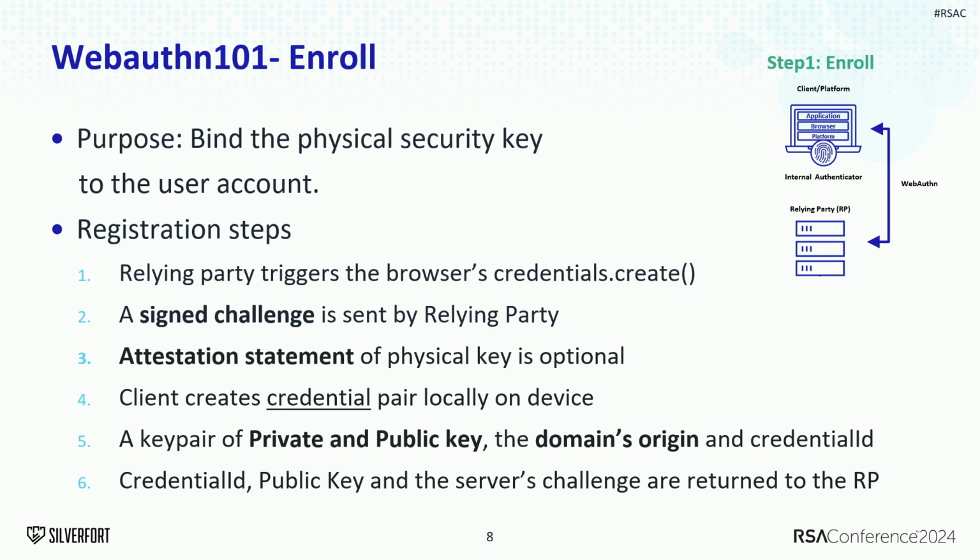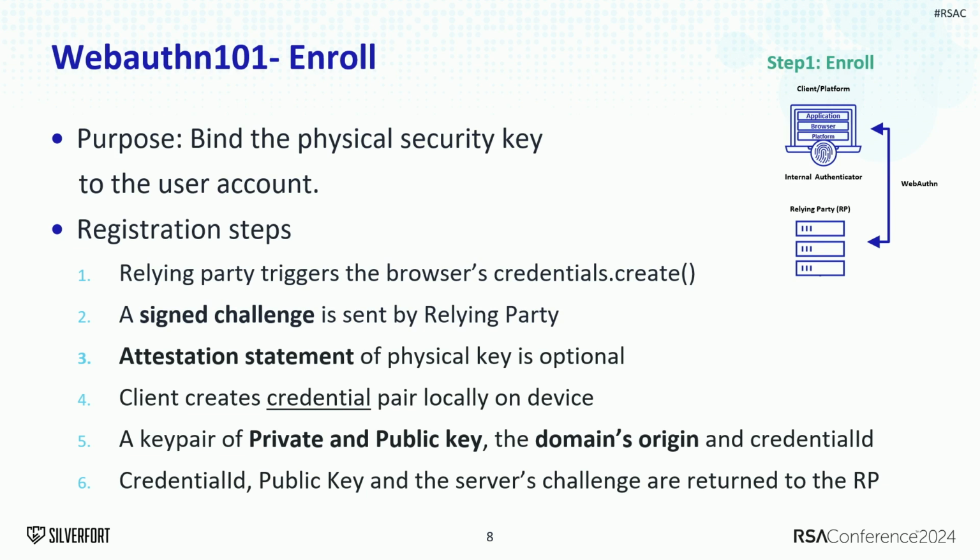It triggers the browser's credentials create. The sign challenge is sent by the relying party to the browser. There is an optional attestation statement to validate that the security key is actually manufactured originally by the provider you wanted and was not forged.